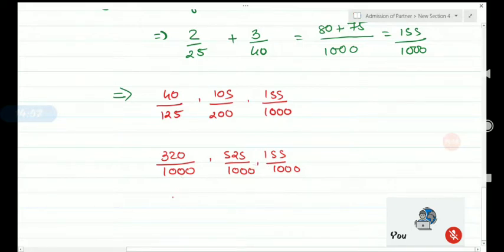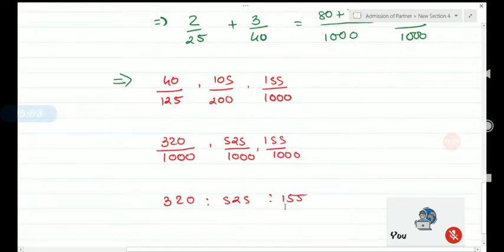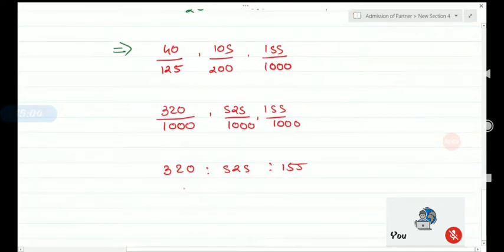All you need to do is 320 is to 525 is to 155. Find the common factor: if we divide by 5, 320 divided by 5 gives 64, here you will get 105 and here you will get 31.